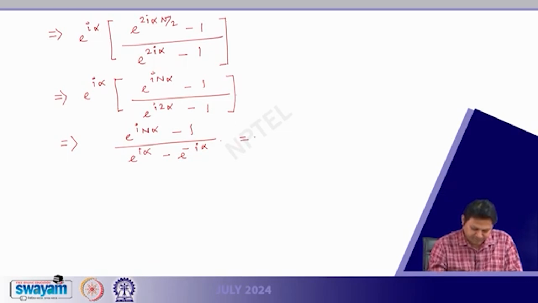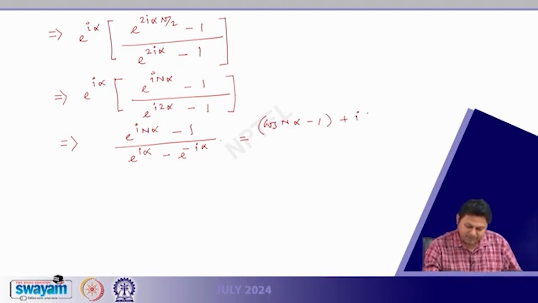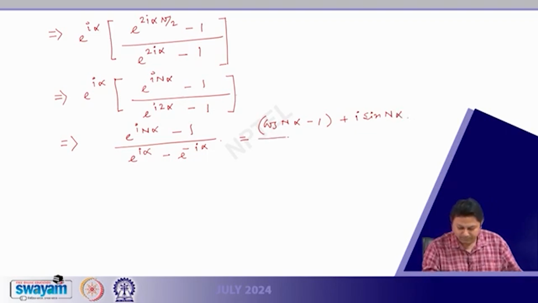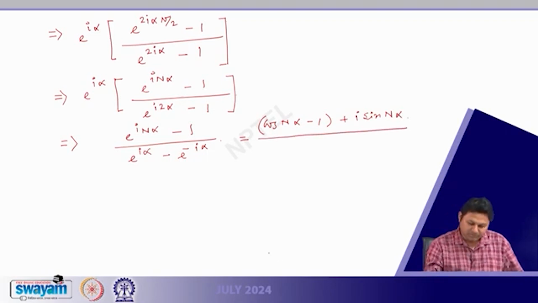So, these things is essentially, if I divide that, it should be cos of n alpha minus 1 plus I of sine of n alpha, that is in the top numerator, and denominator we simply have 2 of I of sine alpha.